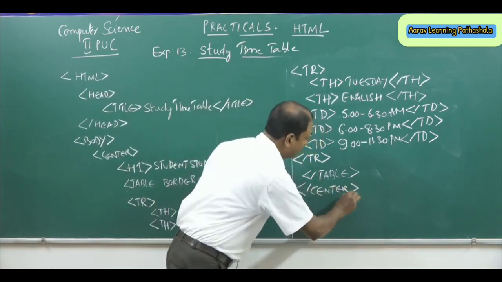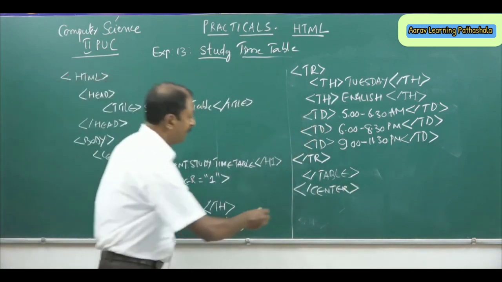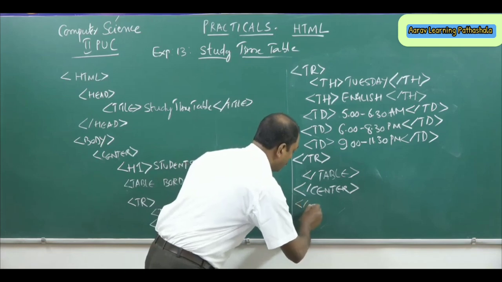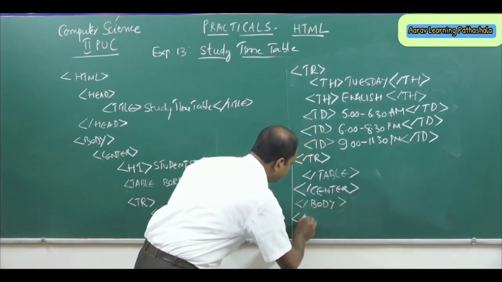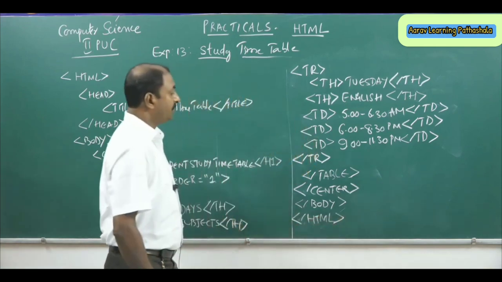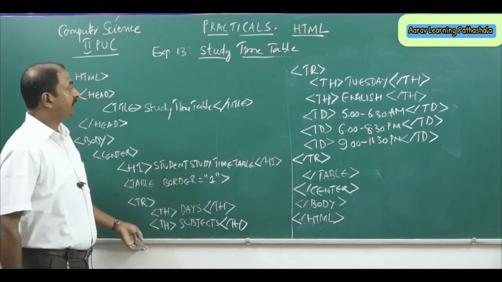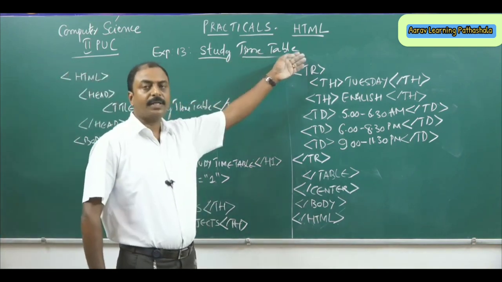This is the center tag. Next we have to close the body and HTML tags. So here we are closing with the body tag as well as the HTML tag. So this is a complete HTML code to display a student study timetable.